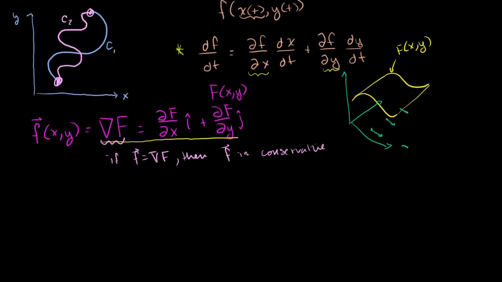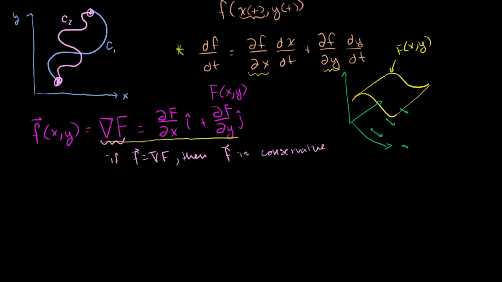So let's start with the assumption that lowercase f can be written as the gradient of some uppercase F. In that case, let's define our path first.